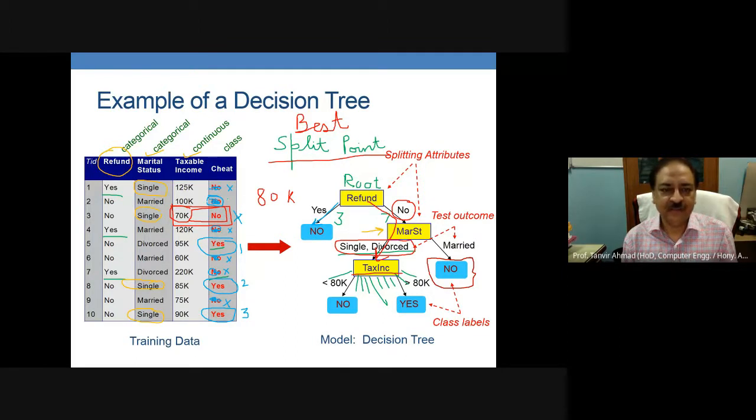This one also married. And therefore, what you find is that I am only having these 3. This one and this one. And these 3 are all yes. It means it is generating a pure partition on the right hand side also. And therefore, the tree will now have the leaf node as a yes. Is it clear?